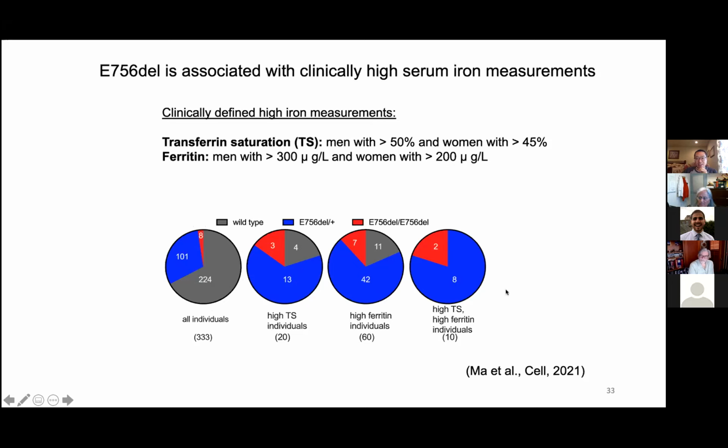And even more amazingly, we identified 10 individuals who have both high transferrin saturation and high ferritin values, and all of these 10 individuals carry the E756 delete gain of function allele. Of course, it is super important to notice that all those individuals in the cohort are self-reported healthy individuals. So I think it would be necessary and interesting to monitor these individuals for further development of potentially severe iron problems later on in their life.